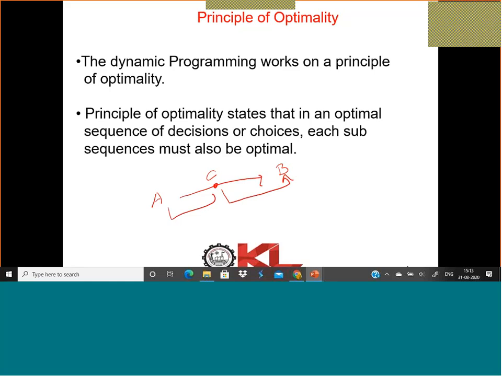So the principle of optimality states that if A to B via C is the optimal sequence of decisions, then A to C is also an optimal sequence of decisions.